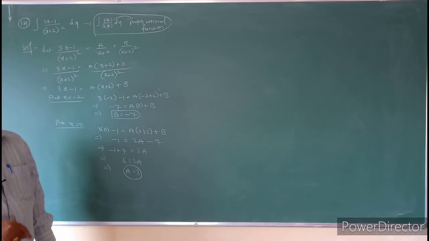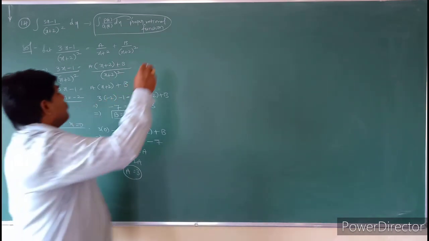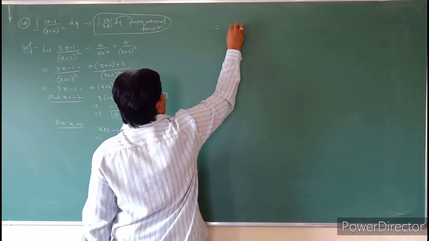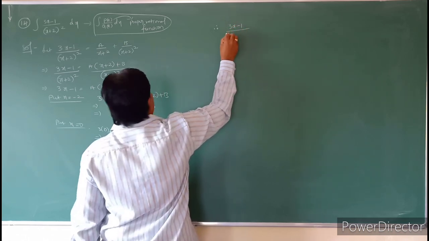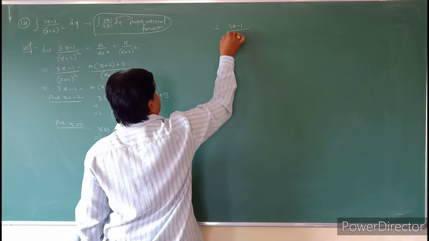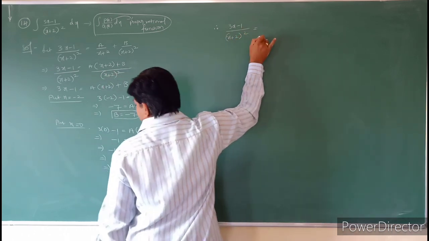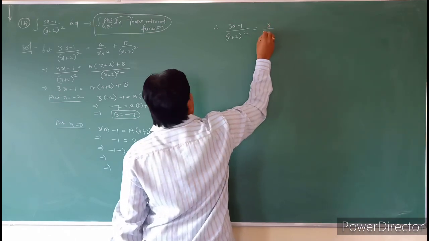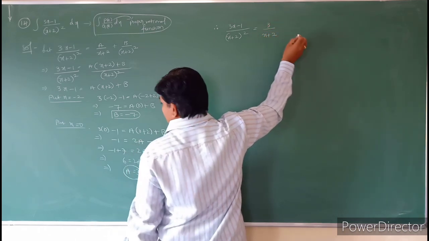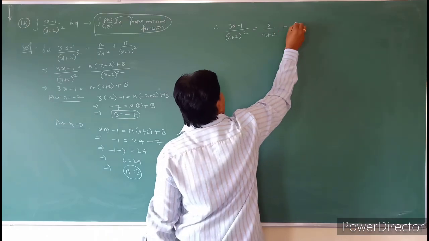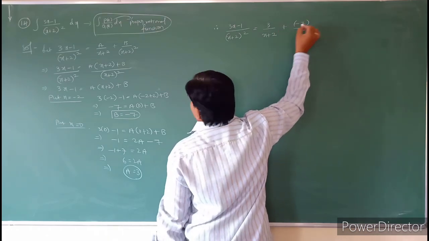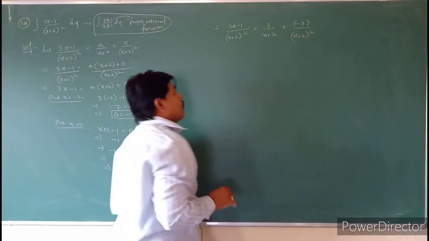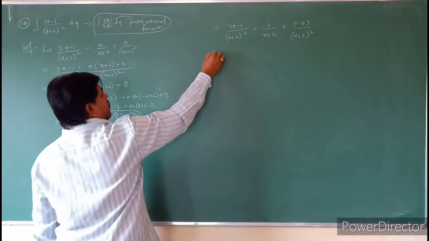After getting the a and b values, what do we have to do? Therefore 3x minus 1 by x plus 2 whole square can be written with the factors: the a value is 3 by x plus 2 and the b value is minus 7 by x plus 2 whole square. So take the problem here.